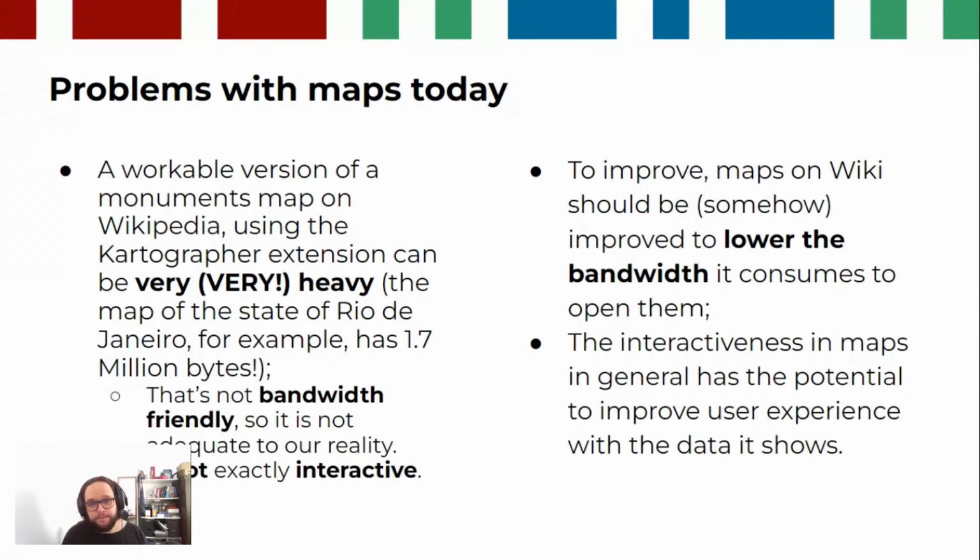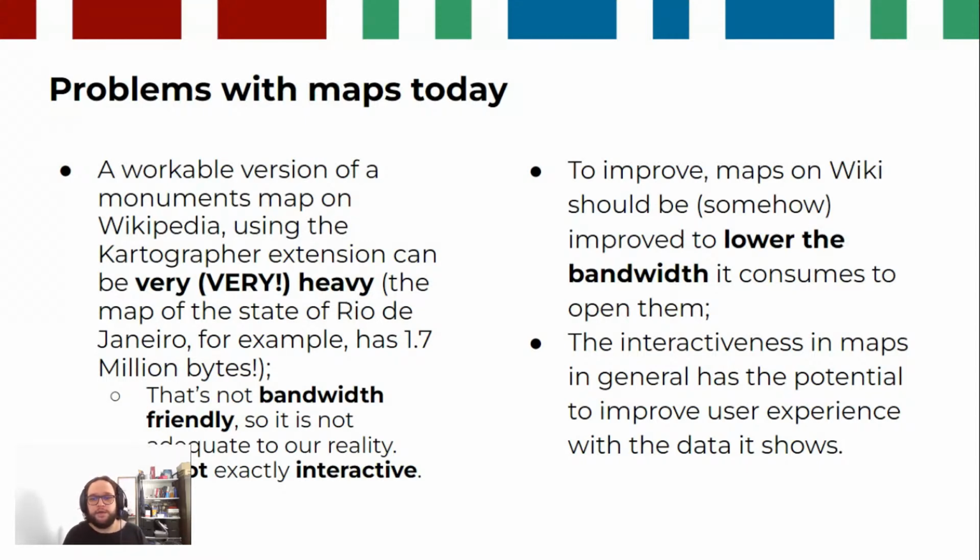And the maps on Wikimedia are not interactive. You can see all the information. The map of the states of Brazil is an example of showing the information through a Wikidata query, but you can't filter once the map is constructed, built.